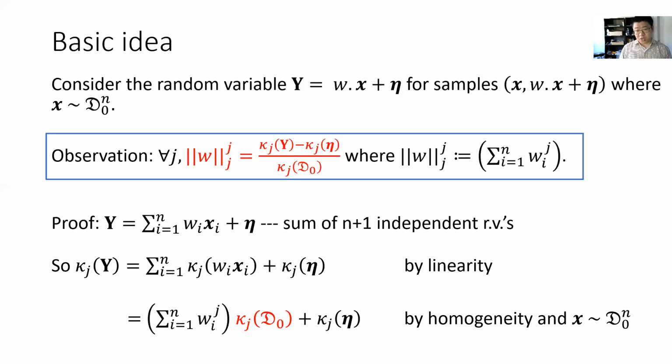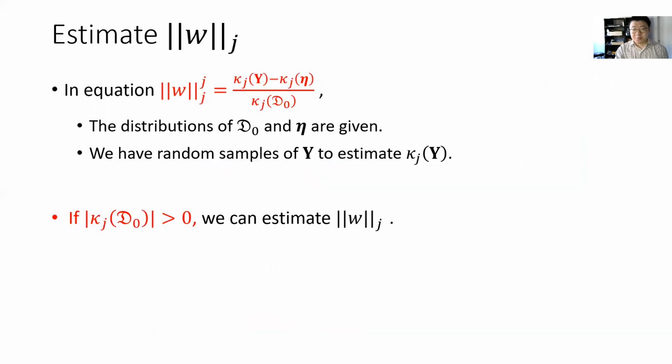After normalizing, we get the red equation. Okay. So this red equation will be the key for us to design the distance estimation algorithm, because it brings a way to estimate the Lj norm of W.